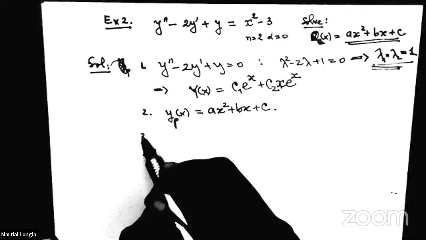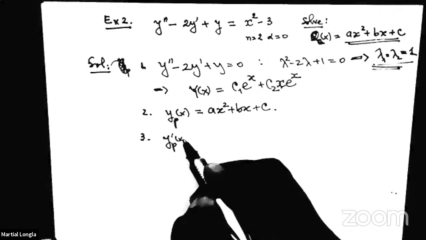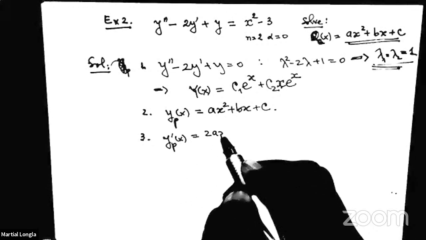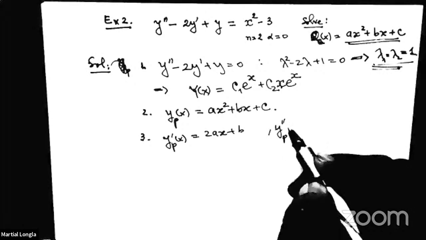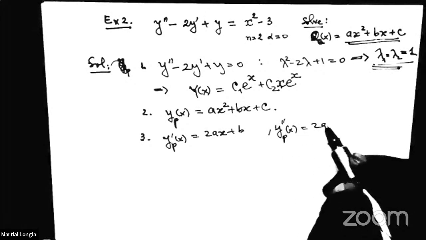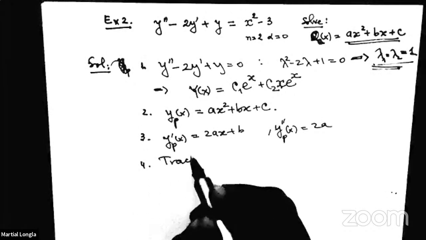Now in the third step, we can take the derivatives. Take derivatives: 2ax plus b, second derivative 2a. And then in the next step, you're going to track the coefficients.